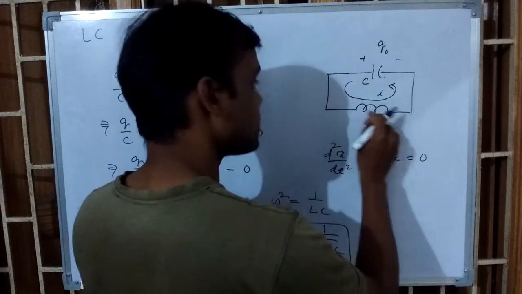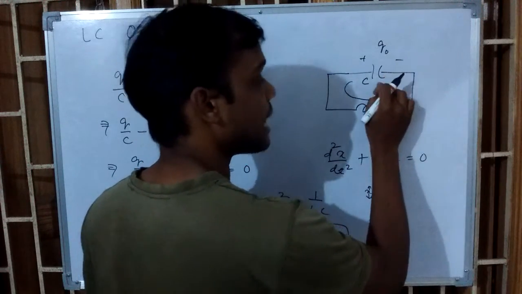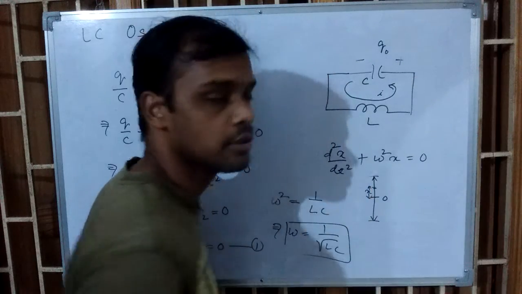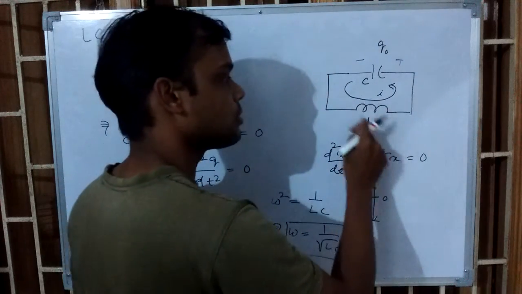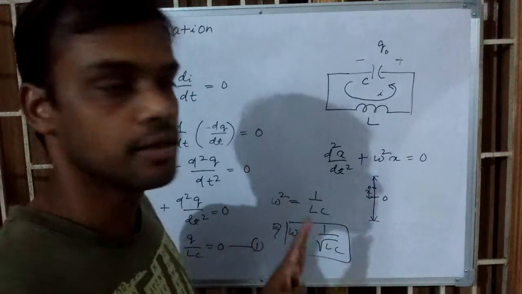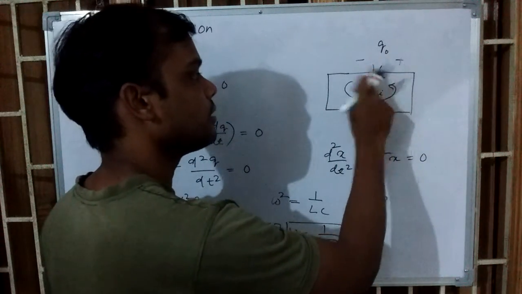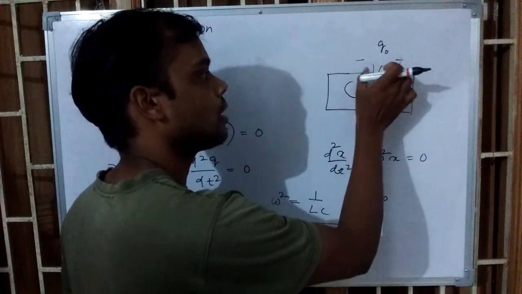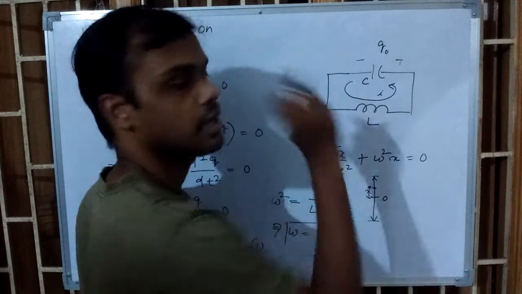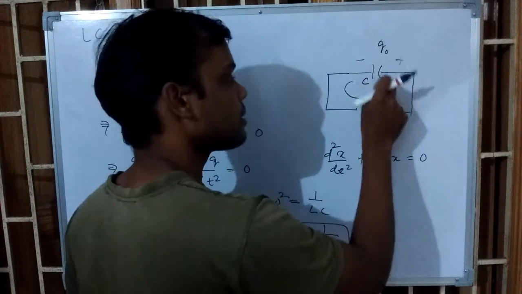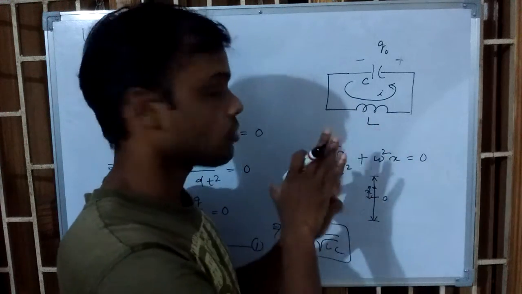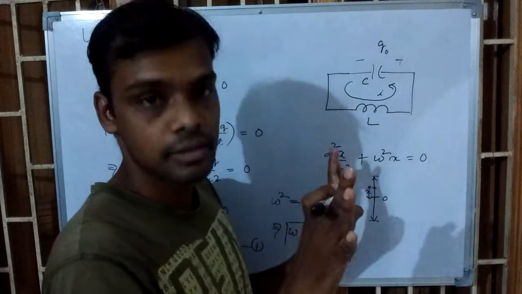If the inductor sends current in this direction, it will charge the capacitor again like this, plus, minus. That means the inductor will gradually lose energy and the capacitor will again gain energy. But this time, the direction of the potential will be here plus, here minus. Now again, once the inductor is over, it has already lost its total energy.